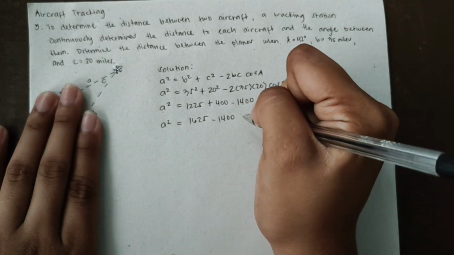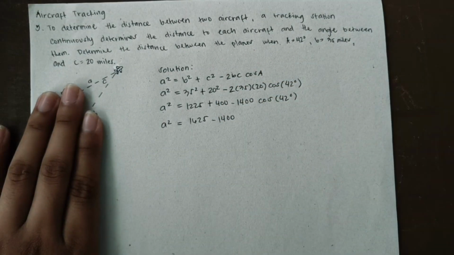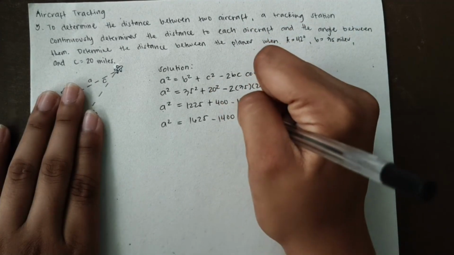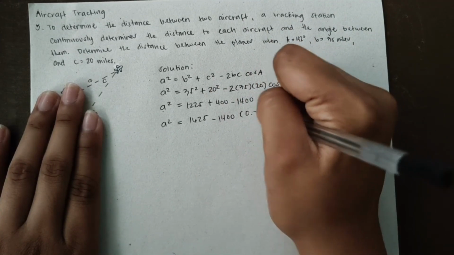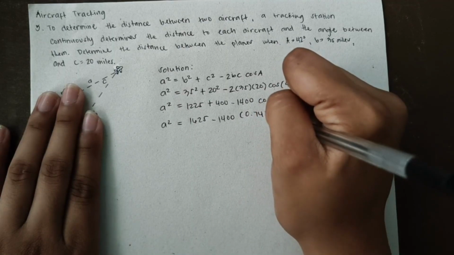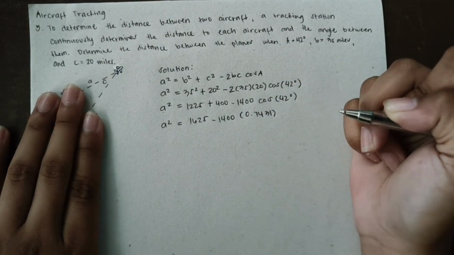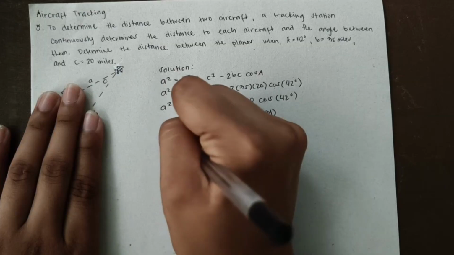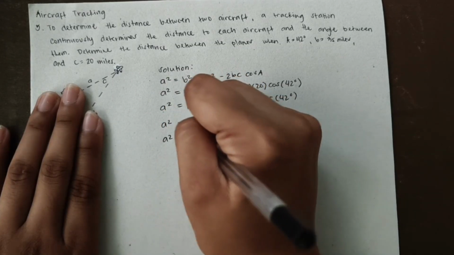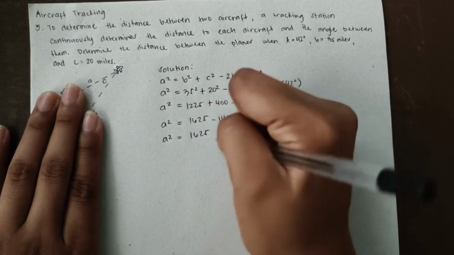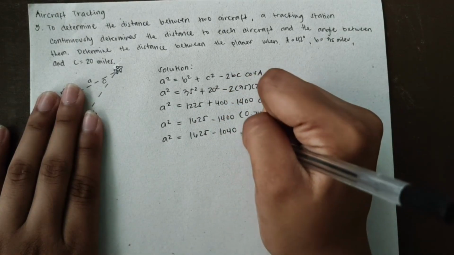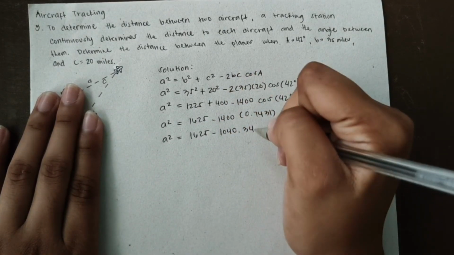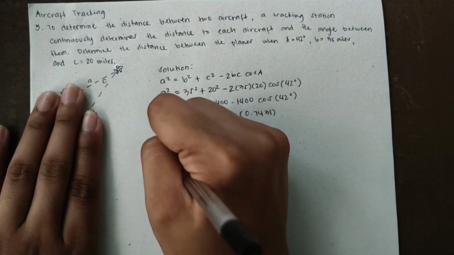Using the calculator, cosine of 42 degrees is approximately 0.7431. Multiplying 1400 by 0.7431 gives us 1040.34. Now subtracting, we get 584.66.